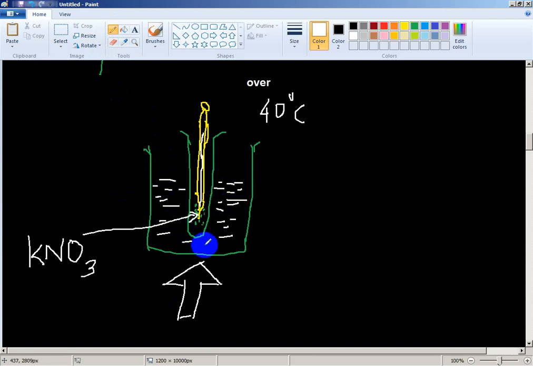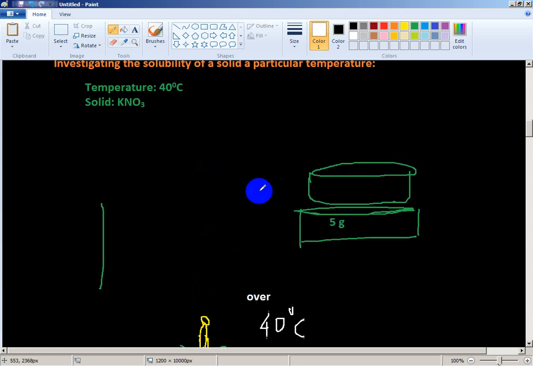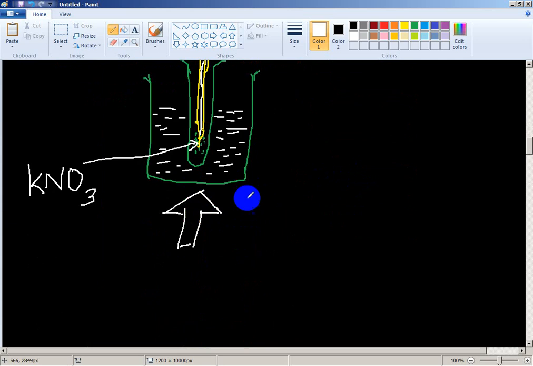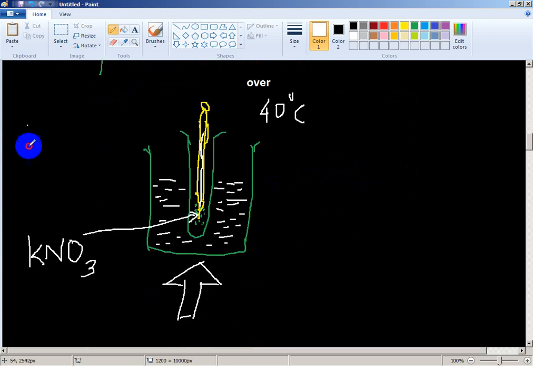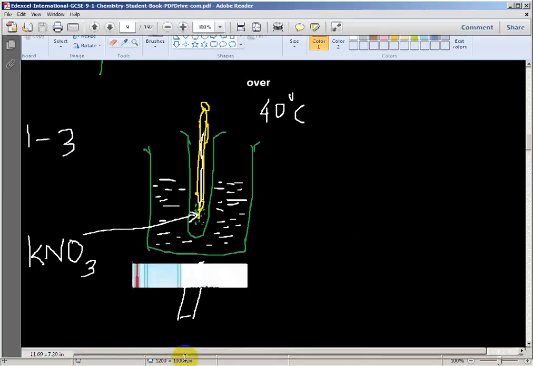Which things are needed for investigating the solubility of a solid? This is the beaker, thermometer, boiling tube, and also the evaporating basin. So steps 1 to 3 are done, and now I'll do this investigation.